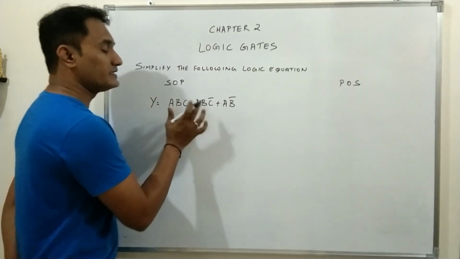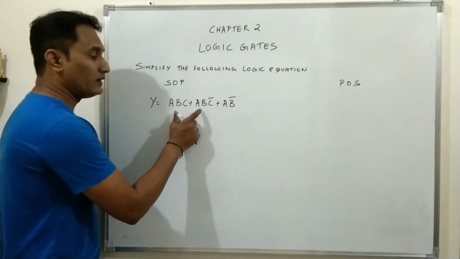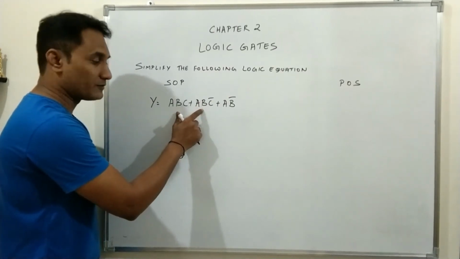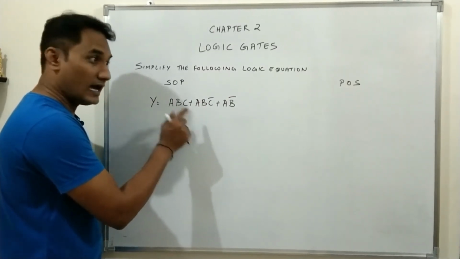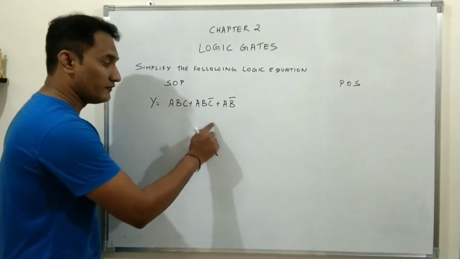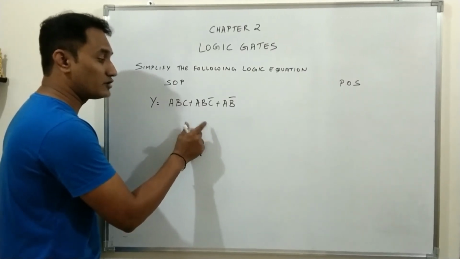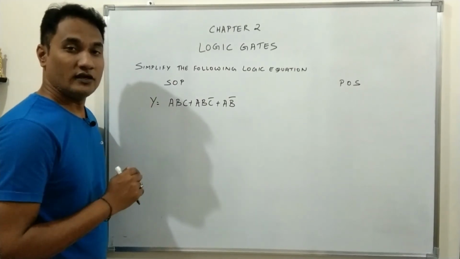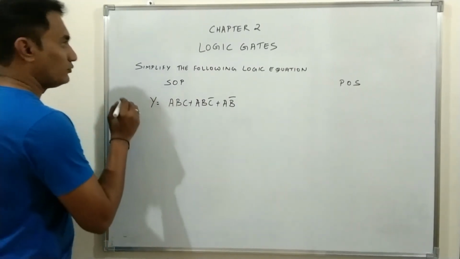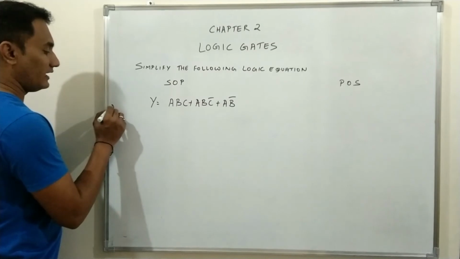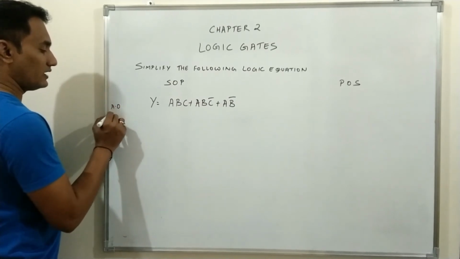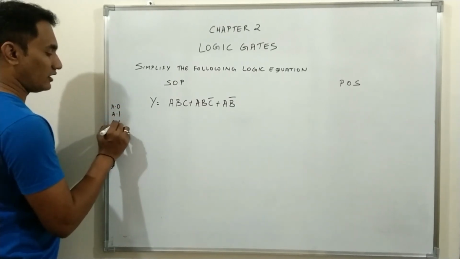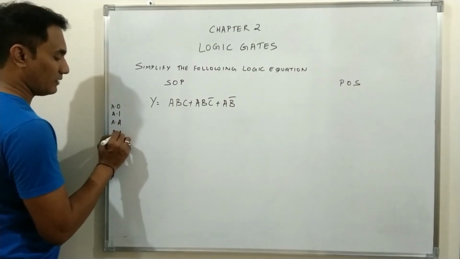So in sum of product, you take any two expressions, take the common term, and the variables which are left in the bracket should get eliminated by your Boolean law. What are the Boolean laws which we have studied? A dot 0, A dot 1, A dot A, A dot A bar.